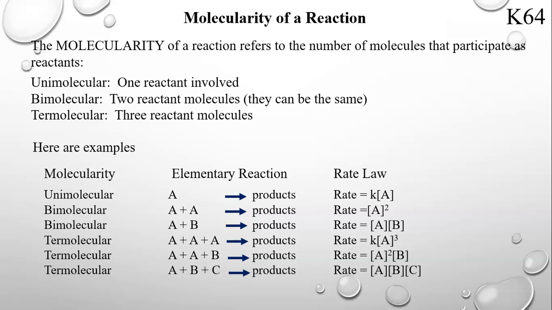When you have A plus A plus B, you have A to the second power, B to the first power, and with A plus B plus C, everything's to the first power. So you'll notice that you can add up the coefficients of A. A plus A plus A is 3 A's, so that means your exponent would be 3. That's why in an elementary reaction, the coefficients can be the exponents in the rate law.